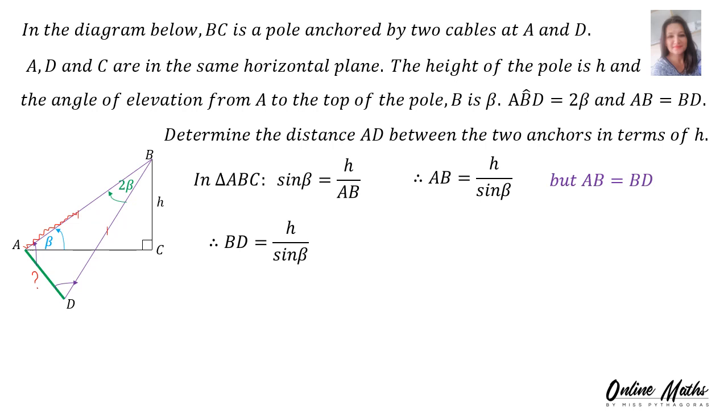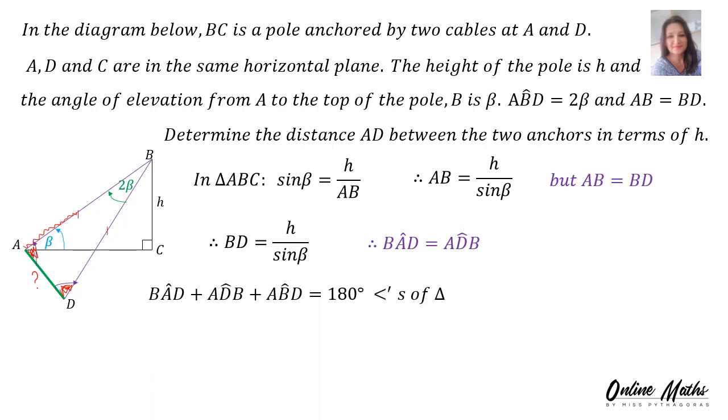Now, let's work out some angles there in triangle ABD. Do you agree that since BD and AB are equal, we know that this angle here, angle BAD, the purple one over there, is equal to angle ADB, this one over there. It's an isosceles triangle.